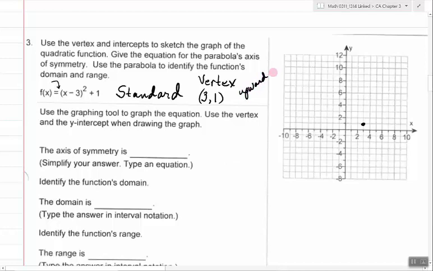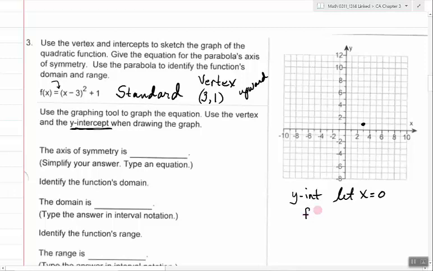You need another point. You actually need 2 other points, but I'll show you how 1 is all you need. The y-intercept is all you really need. So how do you find the y-intercept? Well, you let x be 0.